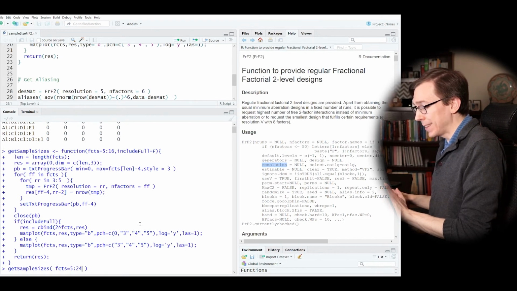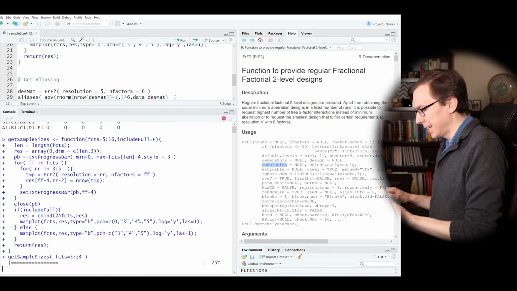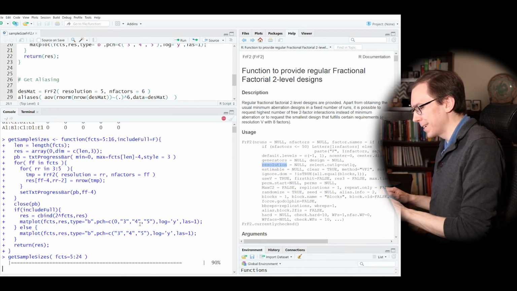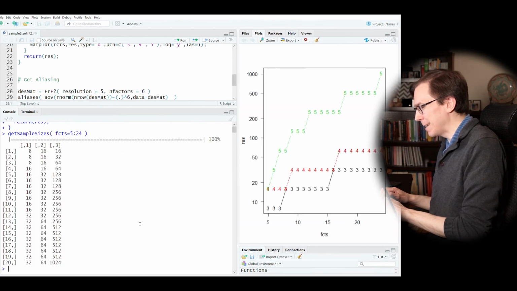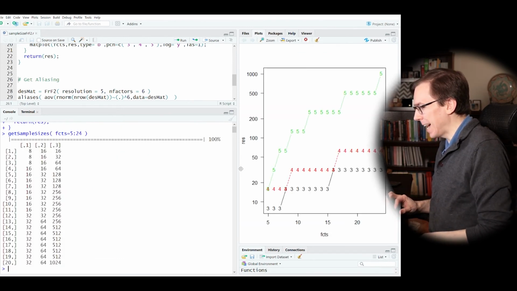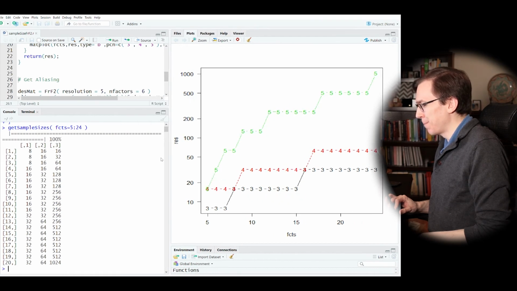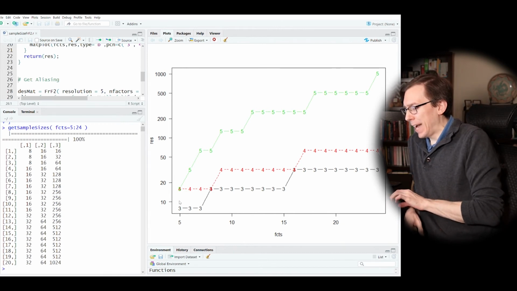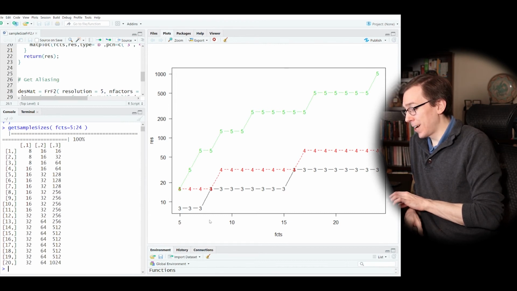So what I did with this function was ask, what sample sizes would I need? And it should give me a nice plot. I didn't actually save the output, so it's probably going to just spit out a whole bunch of output now. Let's see. Yep, there's my table. Anyway, this is the output in this plot. It's on the log scale. Notice on the vertical axis I have my number of factors, and on the horizontal axis the number of observations.